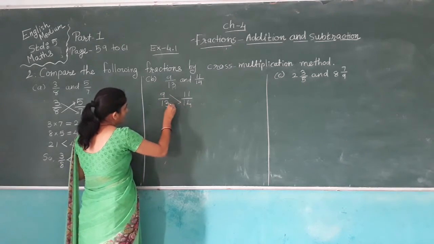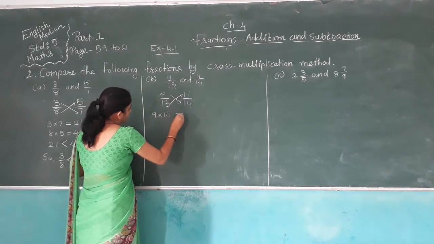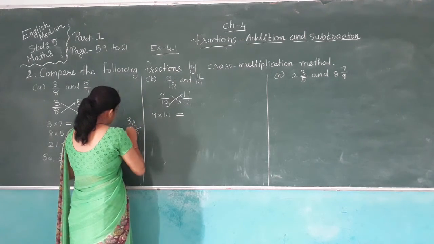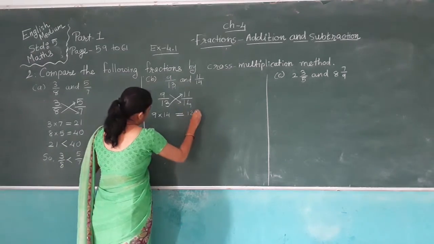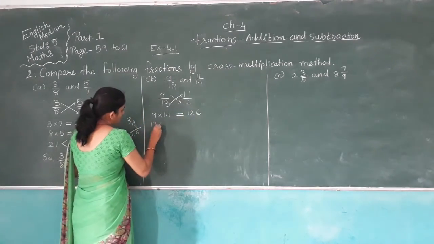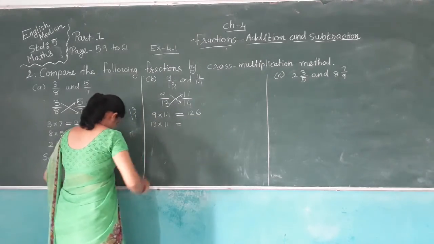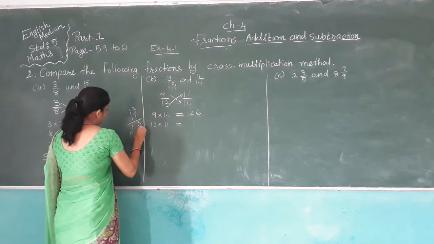Next one, 9 out of 13 and 11 out of 14. Now multiply across. 9 multiplied by 14 is 126 and 13 multiplied by 11 is equal to what? So 3 ones are 3, 1 one is 1.